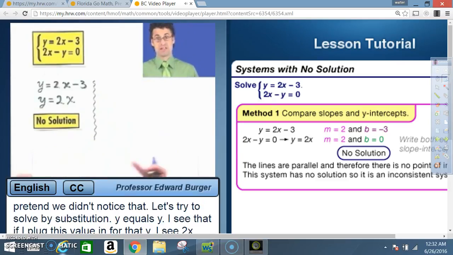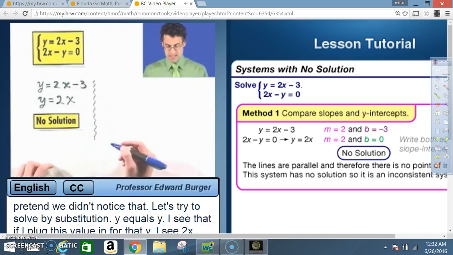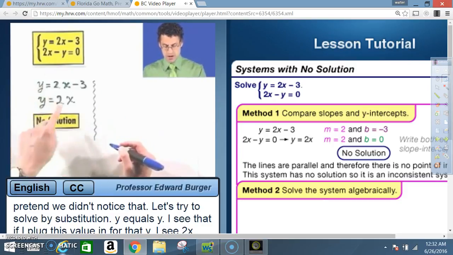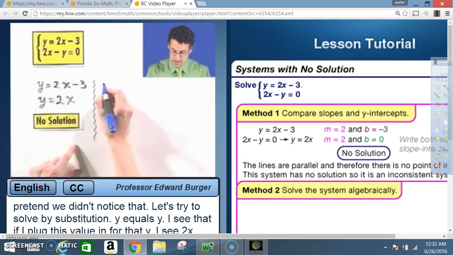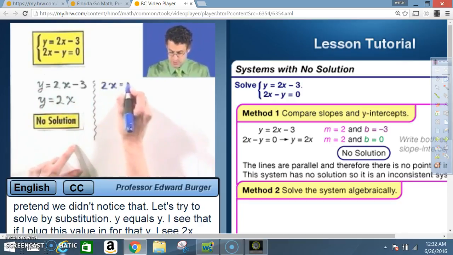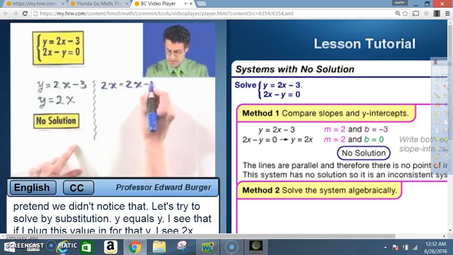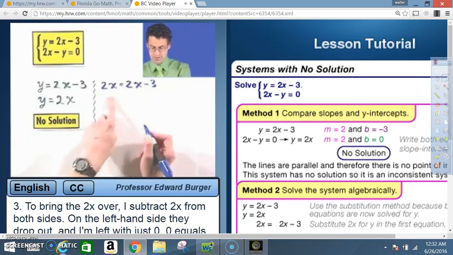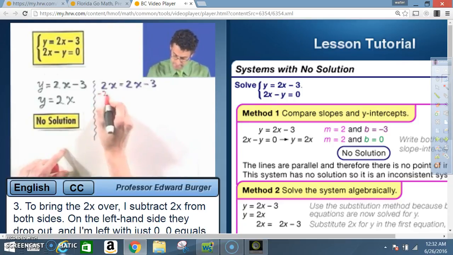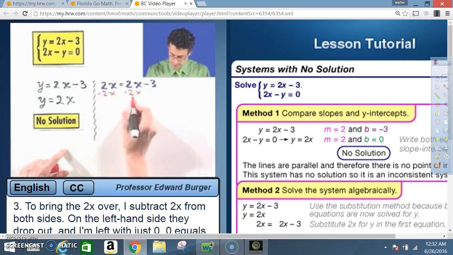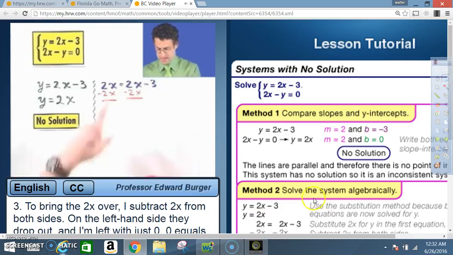A different way is to pretend we didn't notice that. If we didn't notice that, let's try to actually solve by, say, substitution. Well, y equals y, and so if I plug this value in for that y, I see 2x equals 2x minus 3. If I bring the 2x over, so I subtract 2x from both sides, on the left-hand side they drop out.